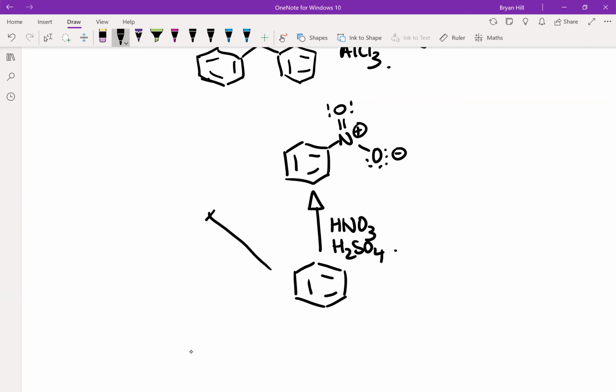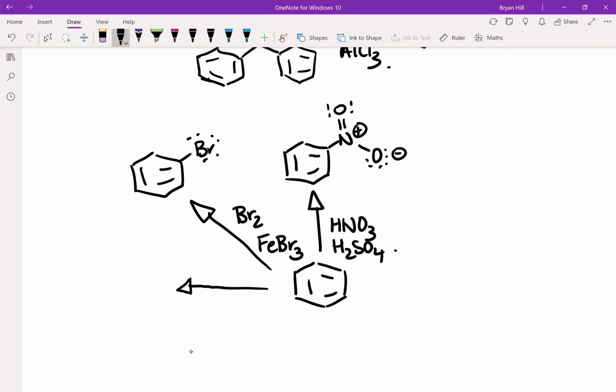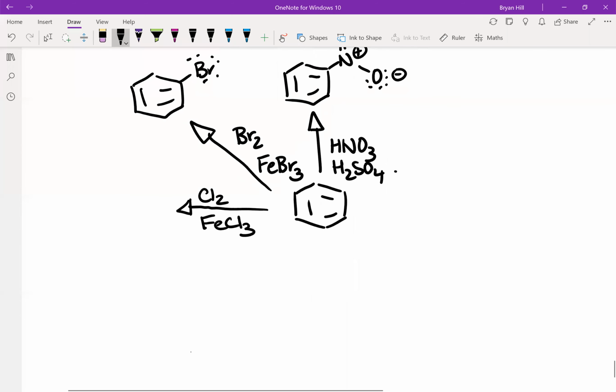We do bromine with iron tribromide to do the bromination. Similar with chlorine, although I don't know why you would want to use chlorine gas. Problematic. Chlorination.